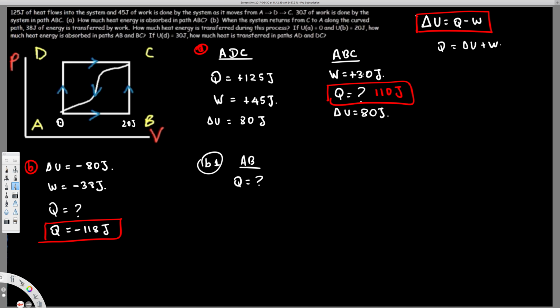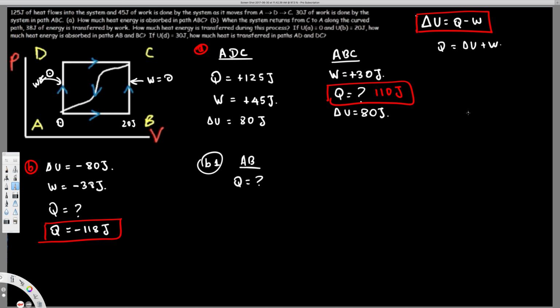And one thing, whenever you have a vertical line, this is an isochoric process because the volume is the same. So whenever you have a vertical line, work is always 0. If the volume is constant, work is always 0. Here also work is equal to 0. So BC's work is equal to 0.